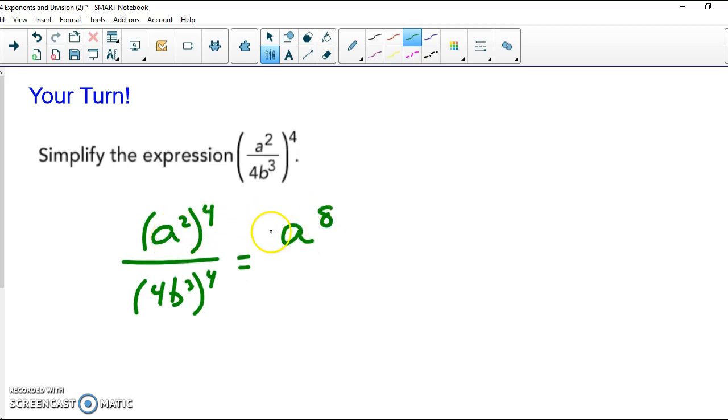In the numerator, I'm going to get a to the 8th because I'm doing power of a power, so I can multiply them. In the denominator, I'm doing 4 to the 4th power, and then I have power of a power, so I get b to the 12th.